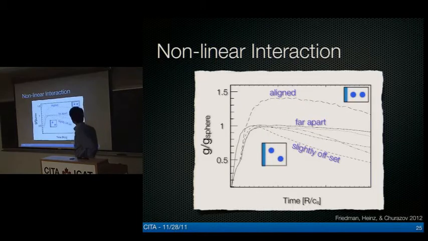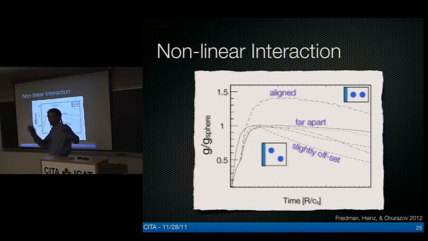And so here are a couple of test simulations to evaluate roughly what happens when you have densely packed bubbles. And that depends a little bit on the geometry. So if you have two balls that are aligned like this, you actually increase the amount of energy that's extracted. And that kind of makes sense because now it's almost like an extended bubble. It has more surface area where the density gradient is perpendicular to the shock.